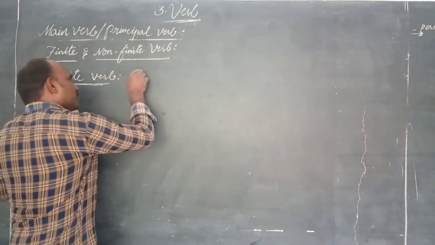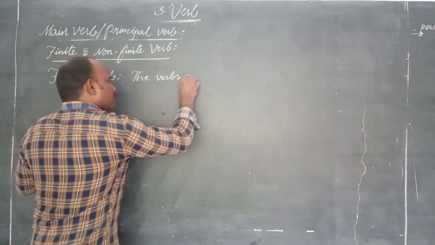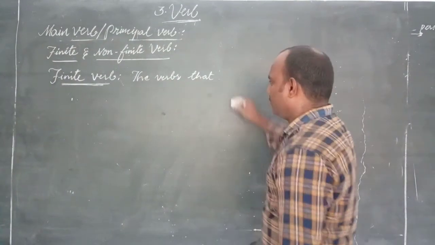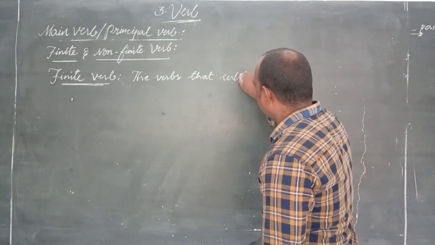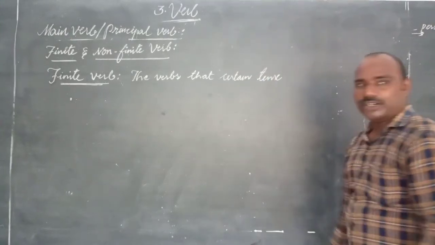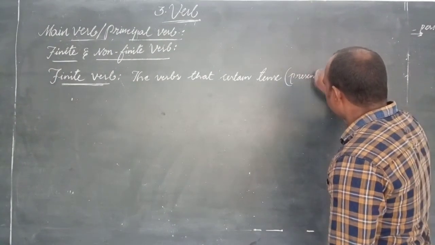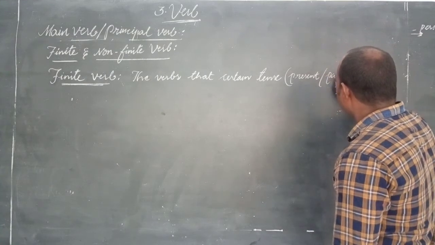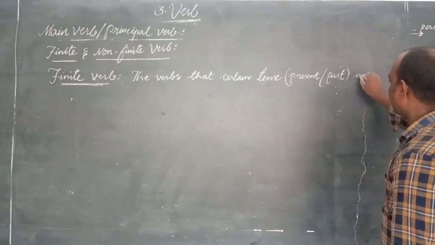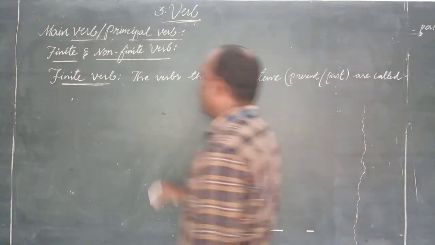See, the verbs that have a certain tense, like present tense or past tense, are called finite verbs.